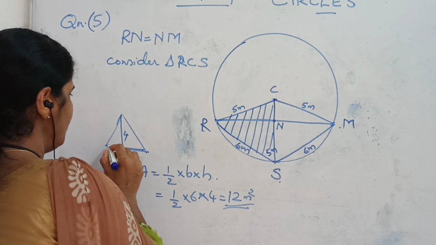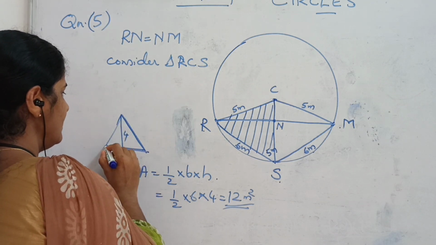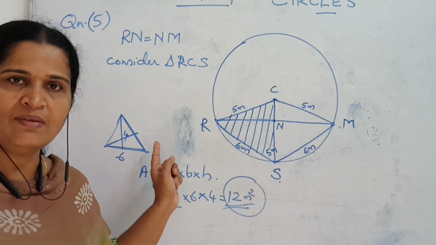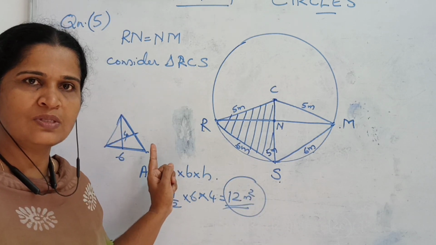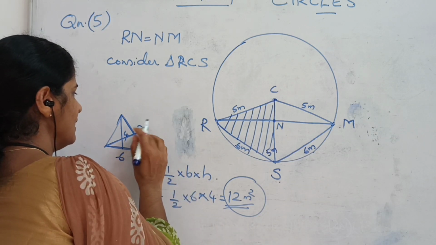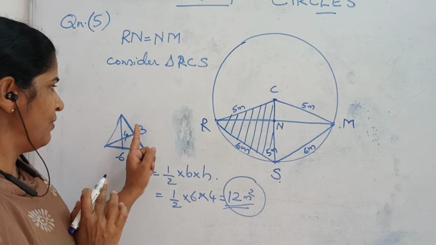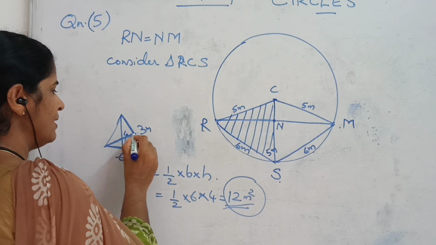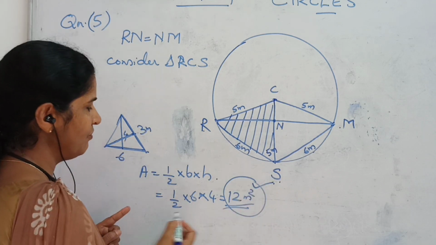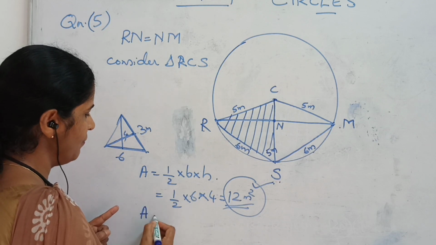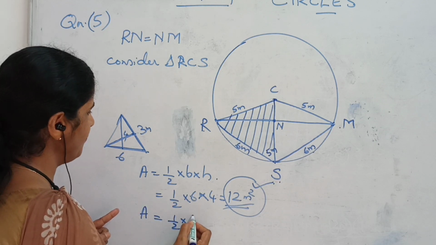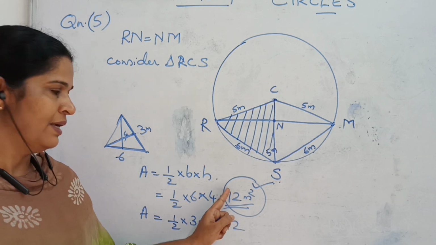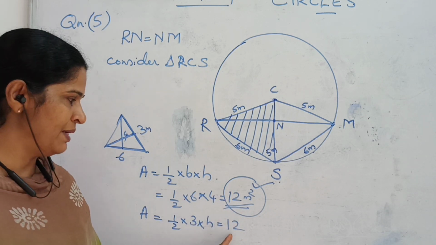Instead of this, if a different base and height are used, the area will not change. The space inside will be fixed, 12 meters square itself. If I say this side is 3 meters, the height will be different, but we have to make the area equal. So half into 3 into height is 12.